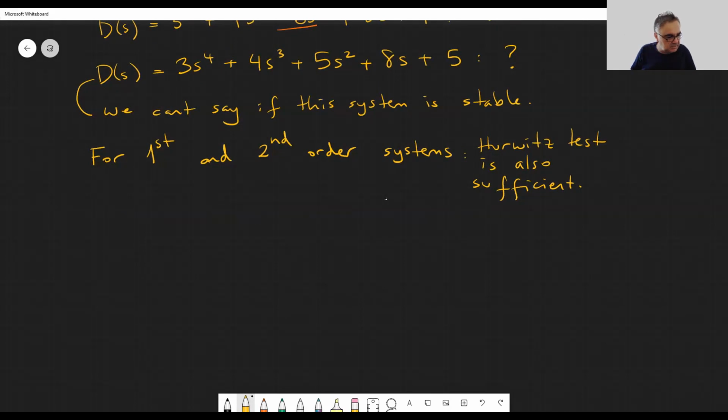You can immediately say that. The real condition for stability of a system, the necessary and sufficient condition, is determined from the root test, as we have said.